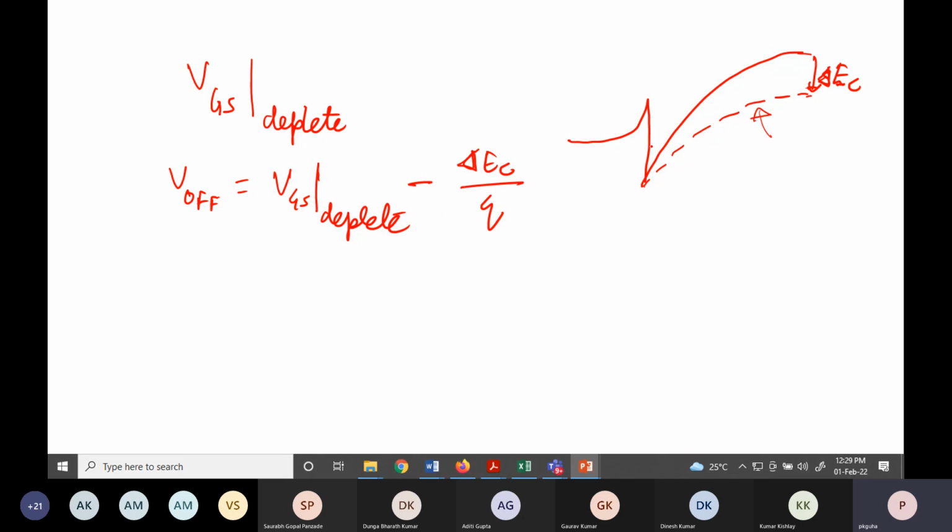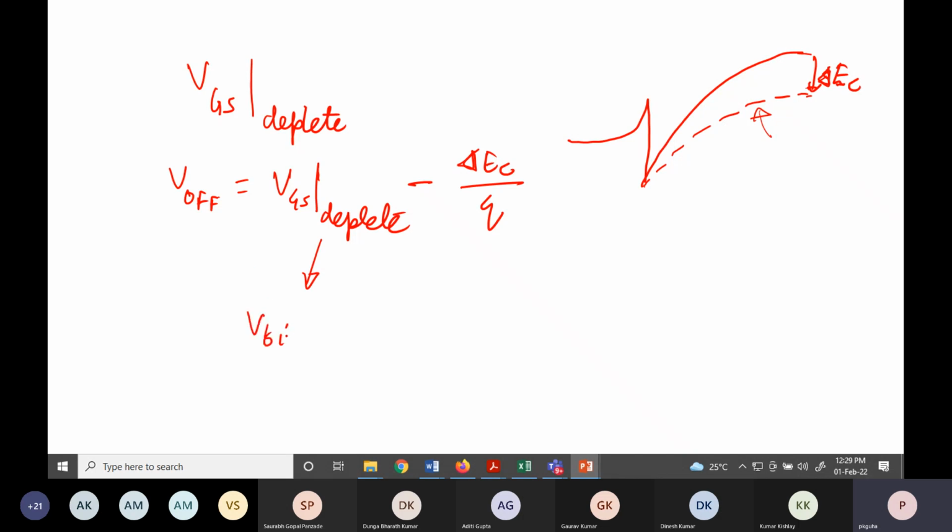And then there is a very minimum number of carriers in this notch, right?